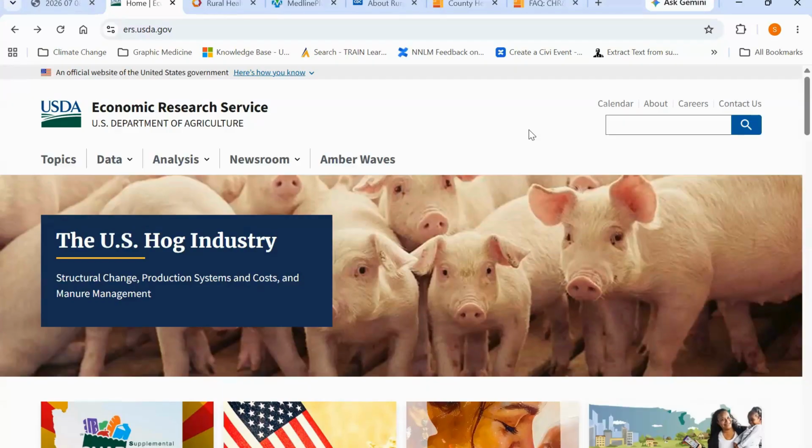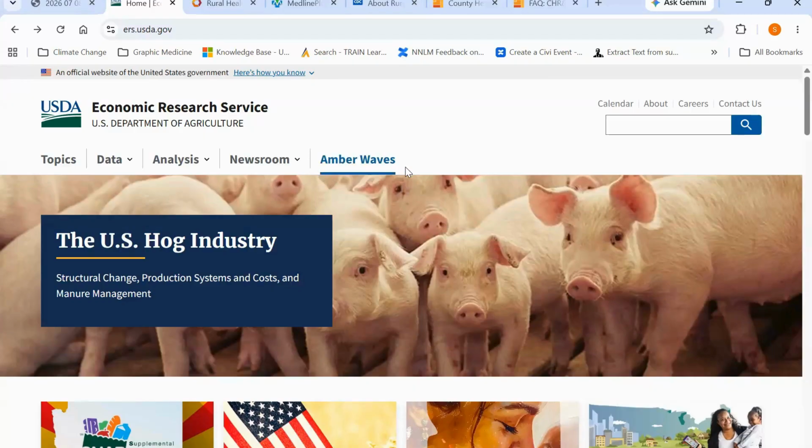And it looks at some of the biggest trends in rural America. There is data, analysis, reports. A lot of it is about the farm industry, but there is some demographic and other information that may be more useful to the health side of things as well.